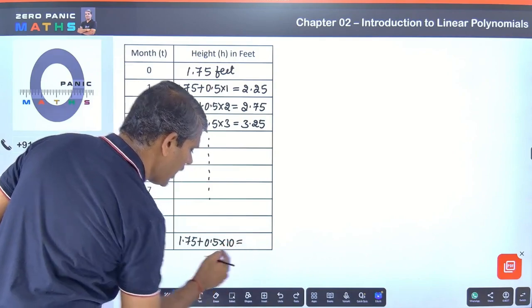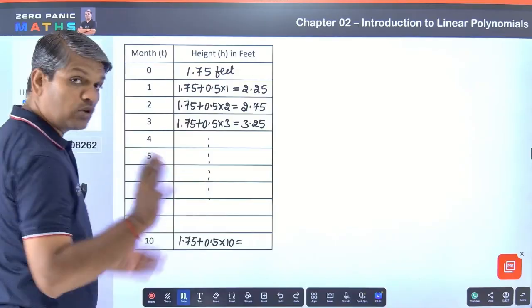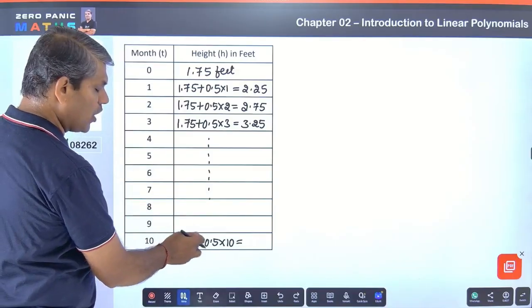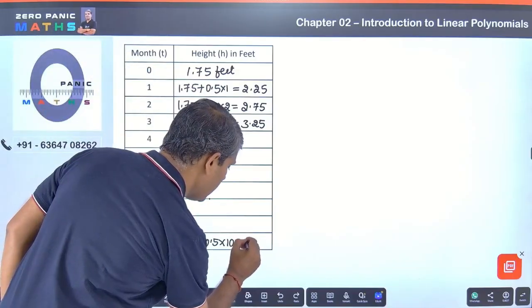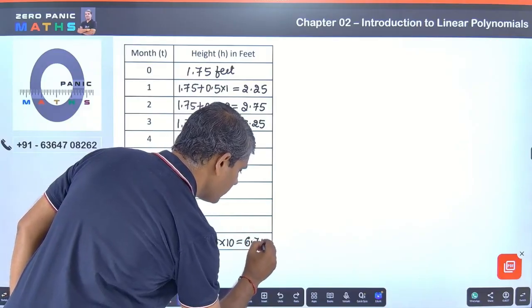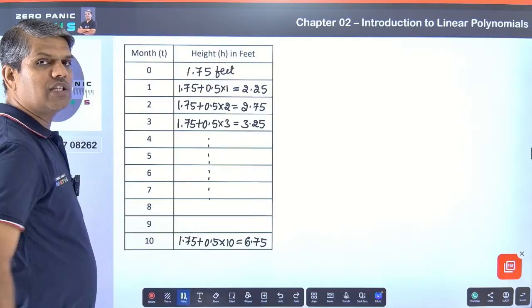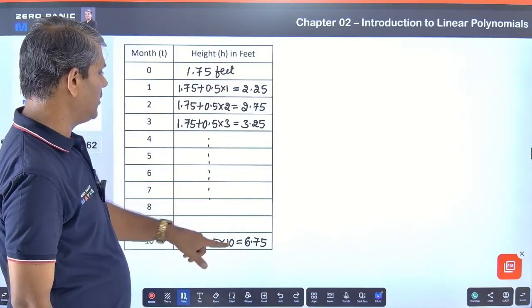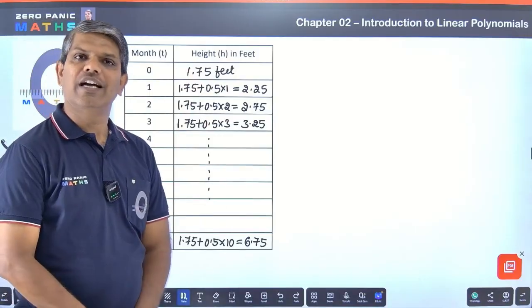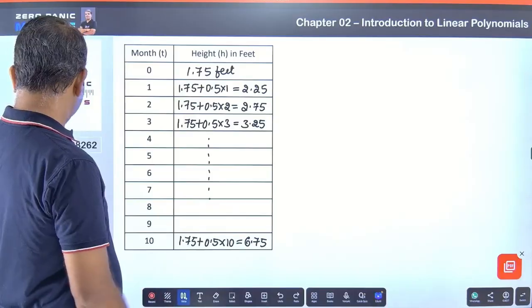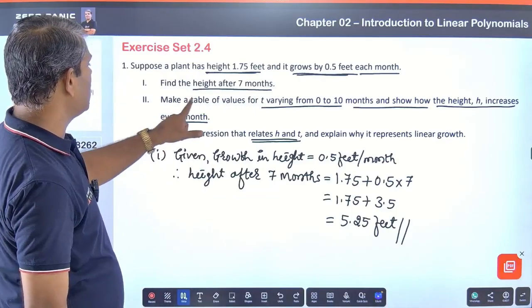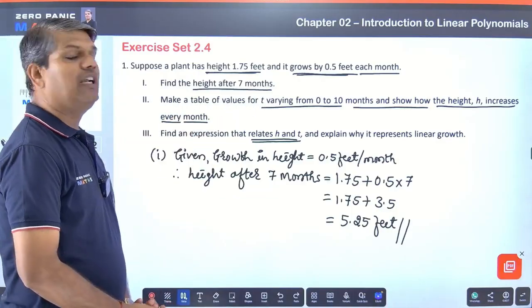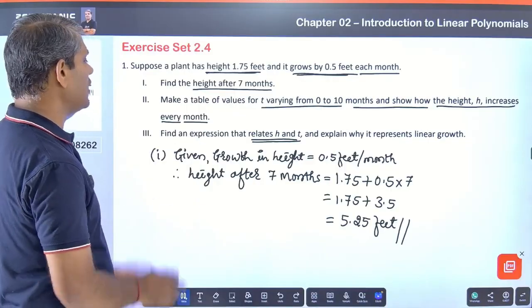That will give 5 feet total increase, and initially it was 1.75, so it will be 6.75. Finally, you should get the value 6.75 with a constant increase of 0.5 every month. Hope you will fill this table. This is the answer to the second question, a table showing the constant growth.